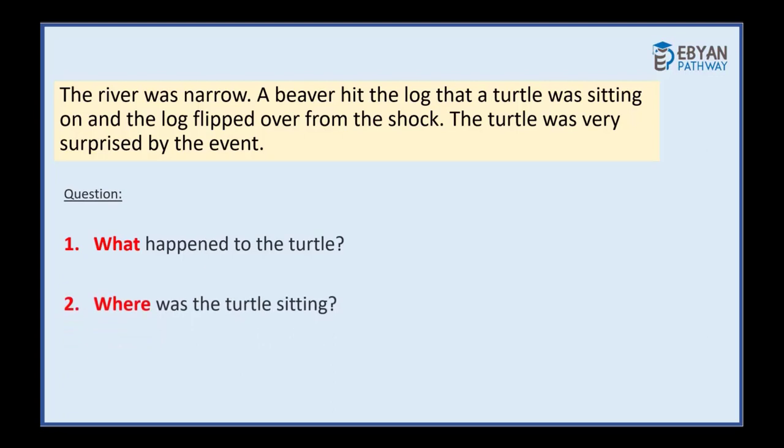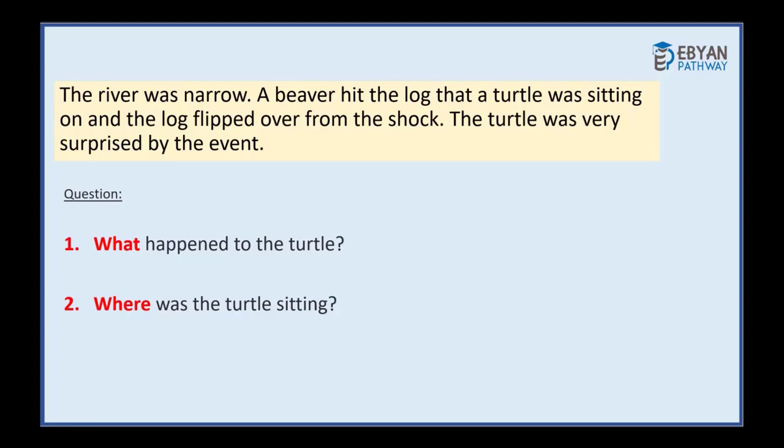These are just 2 examples. You must be able to underline or highlight the key question part. What? So in this story, what happened to the turtle? You must be able to answer that without a problem.